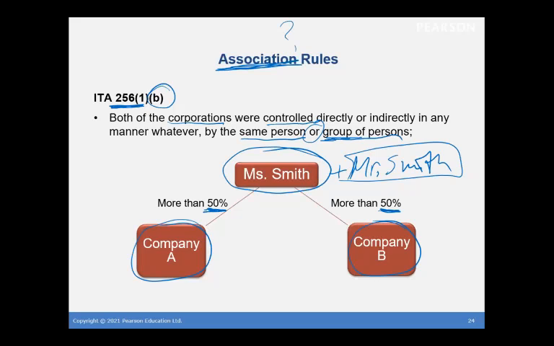But if these two are a group, and all they had to do to be a group was to own shares in the same company, then that also could be the situation.